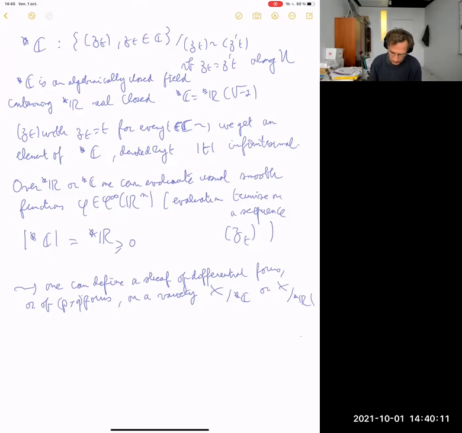And when I'm speaking about a sheaf, one has to be a little bit careful, because *R is an ordered field, so certainly it has a topology given by the order. And since *C is just a two-dimensional vector space over it, it also inherits a topology. But this topology is rather pathological because there are a lot of awful Dedekind cuts in the field *R. So when you want to deal with sheaves, you have only to allow reasonable open covers, and this is done through the language of Grothendieck topology.